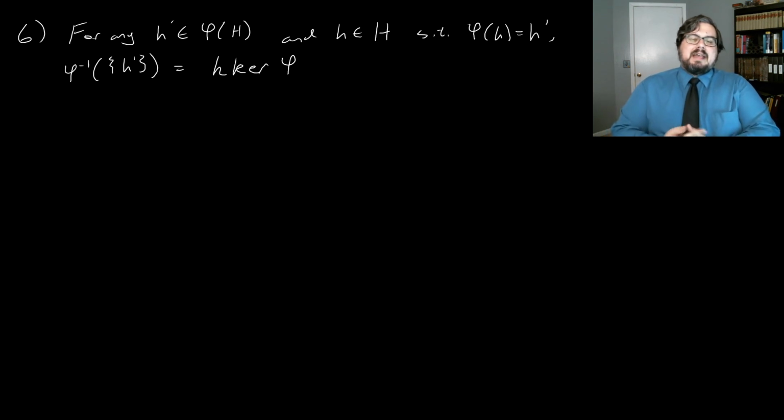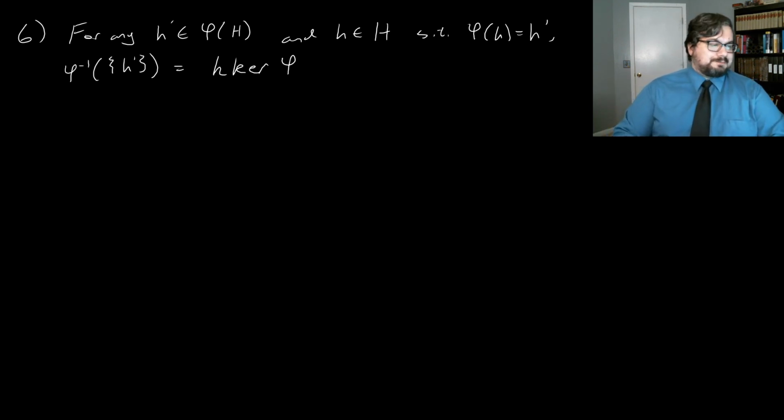Basically, if I have any preimage of H prime, then any other preimage of H prime will look like h times something in the kernel.